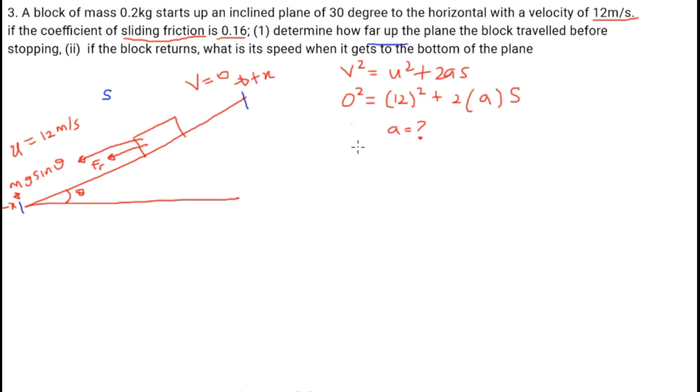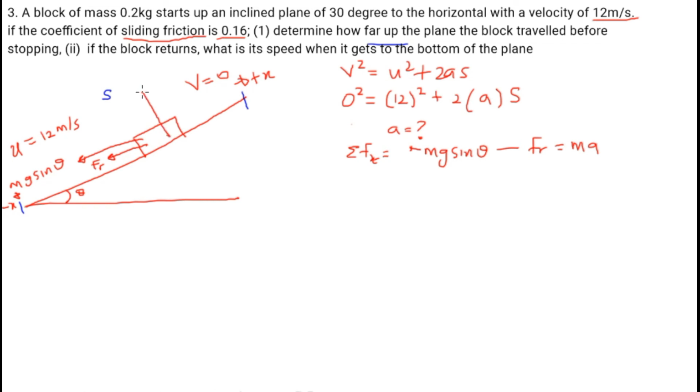So the summation of the forces on the x-axis of the object will be equal to negative mg sine theta, since we are using down the inclined plane as the negative x-axis, then minus fr, and it has to be equal to ma, where m is the mass of the object and a is the acceleration. But we need to find an expression for the frictional force. How do we get that?